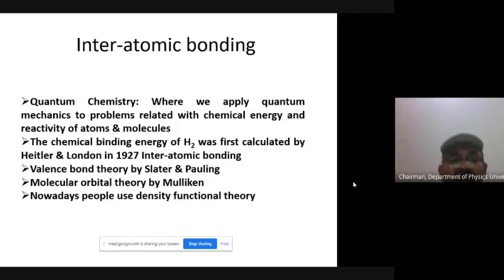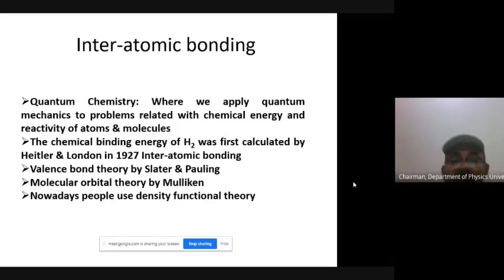As I told you, the chemical bonding energy of hydrogen was first calculated by Heitler and London in 1927. Then the valence bond theory by Slater and Pauling was introduced, and the molecular orbital theory of Mulliken followed. Nowadays, people use density functional theory, and a lot of people are doing research in this area because science deals with both theory and experiments.